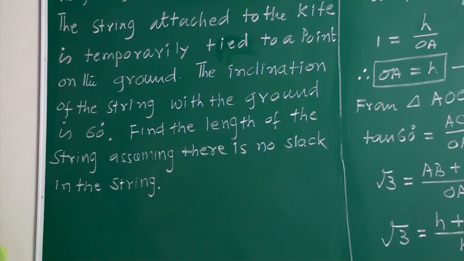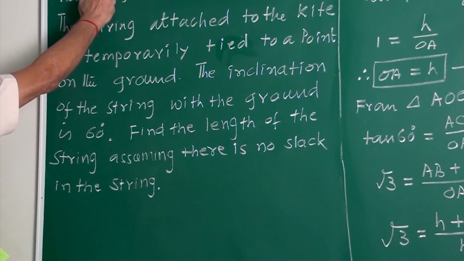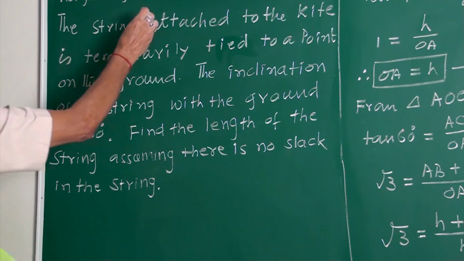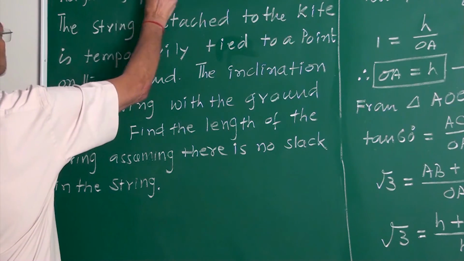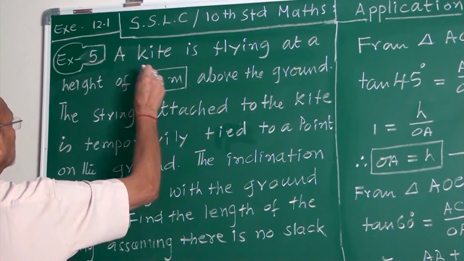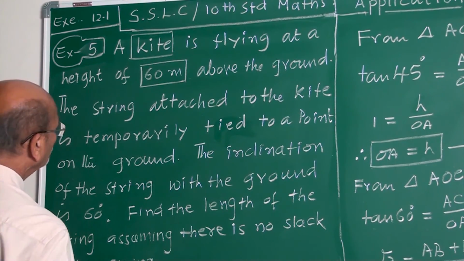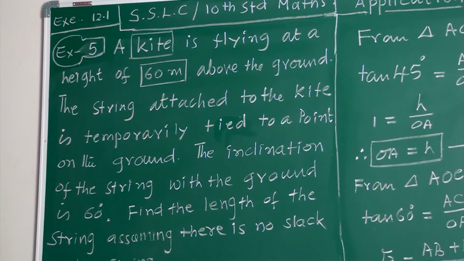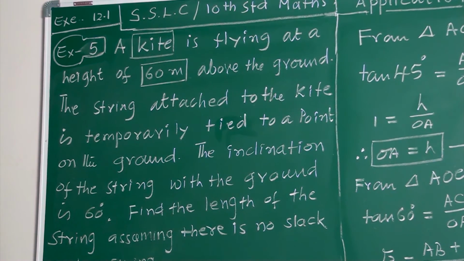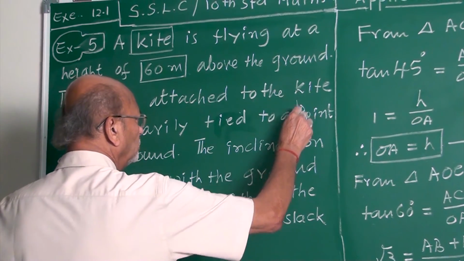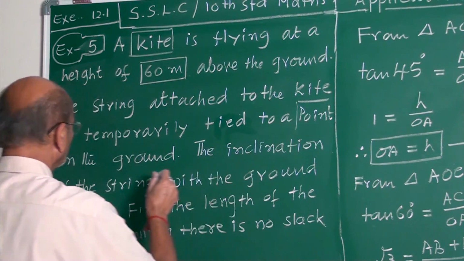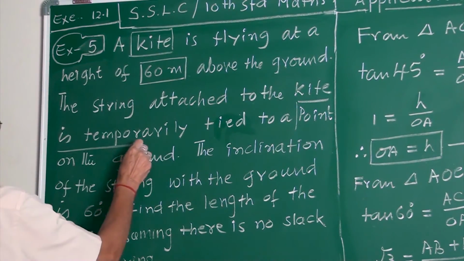Yes, my friend. A kite is flying at a height of 60 meters above the ground. The string attached to the kite is temporarily tied to a point on the ground.